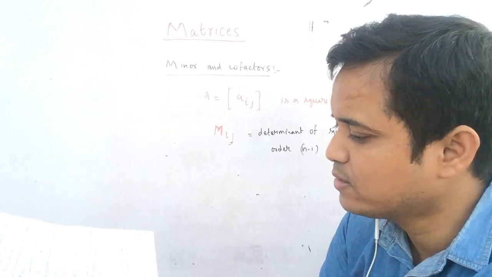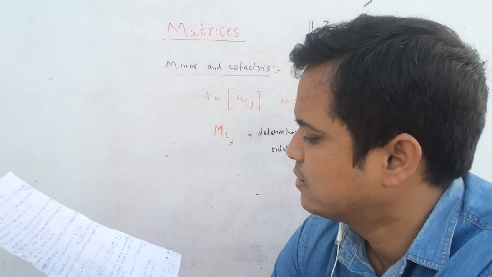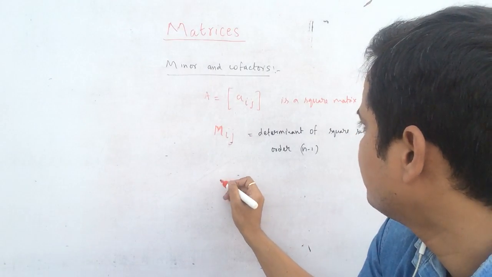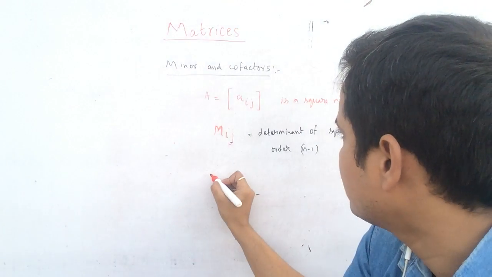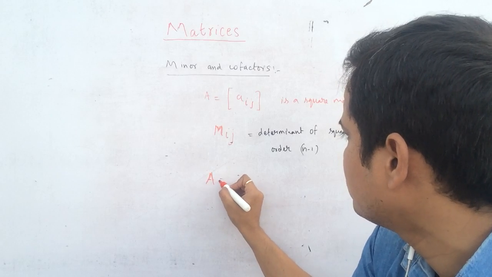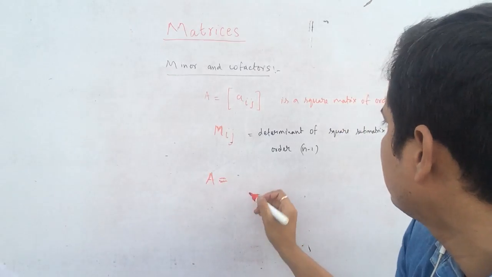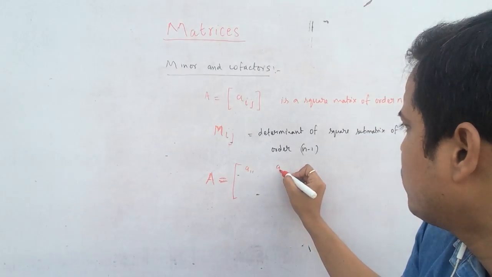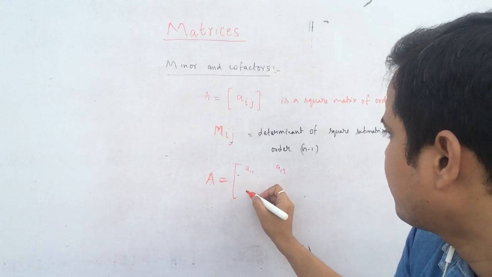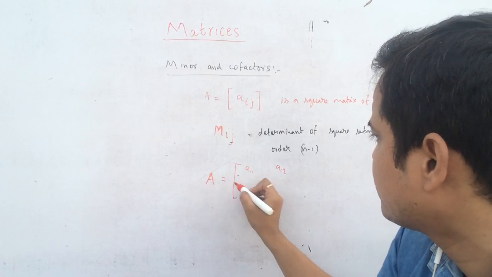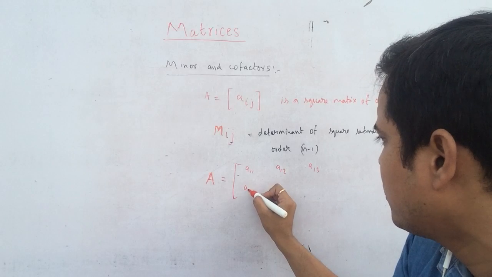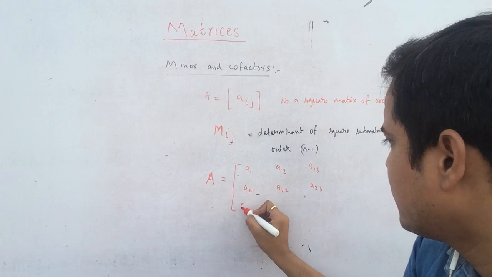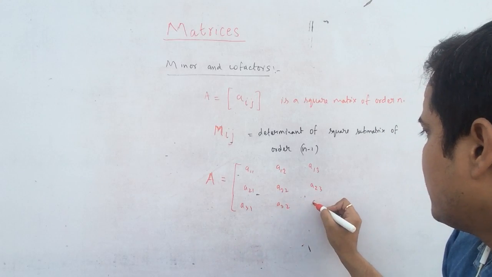So how would you get this? Suppose we have A equal to the matrix with rows A11, A12, A13; A21, A22, A23; A31, A32, A33.